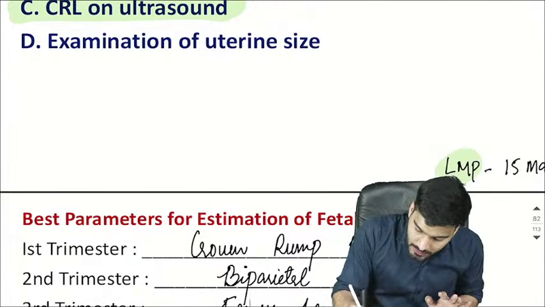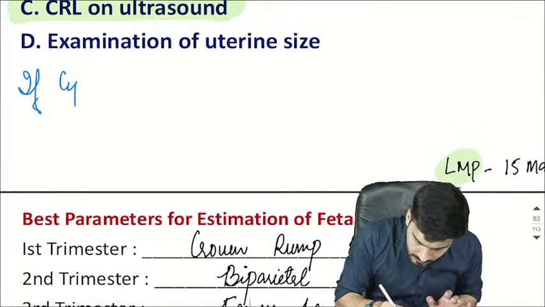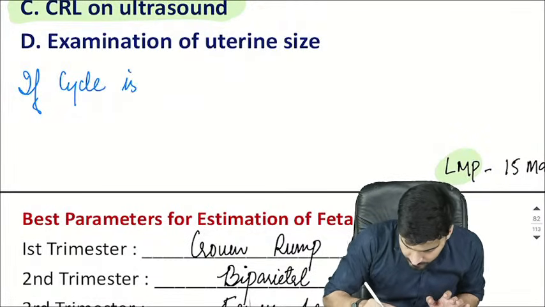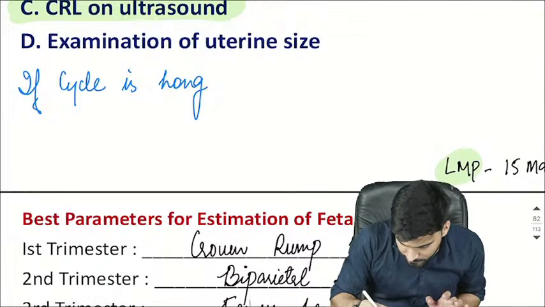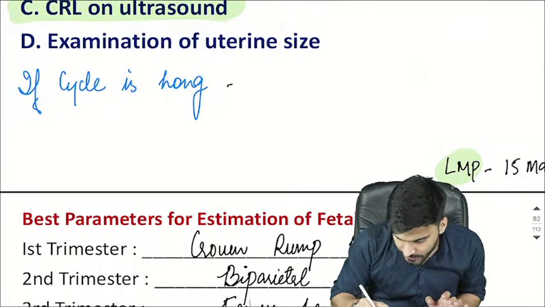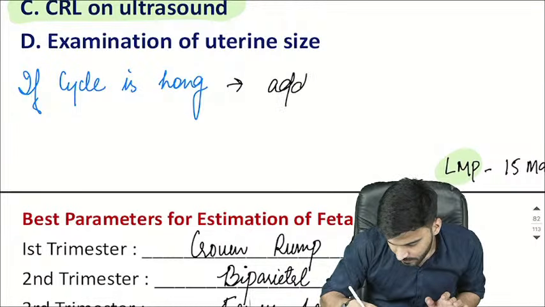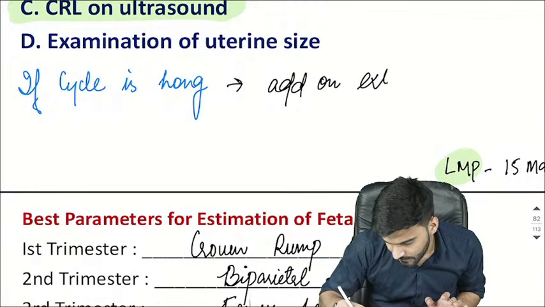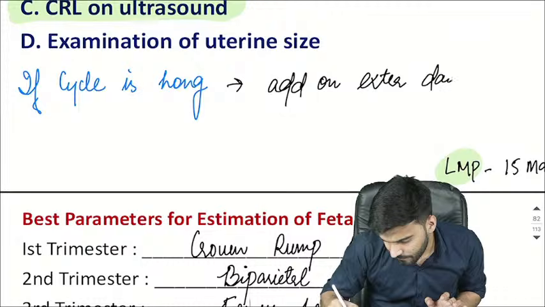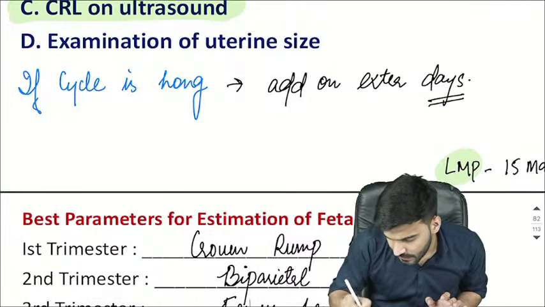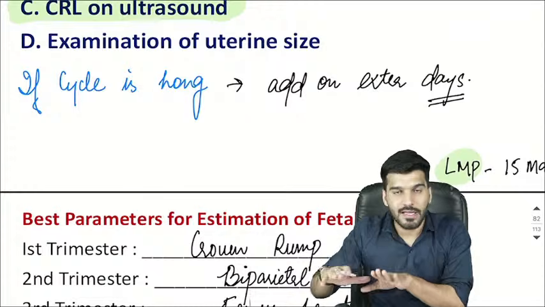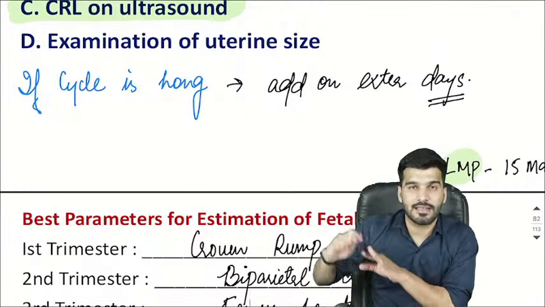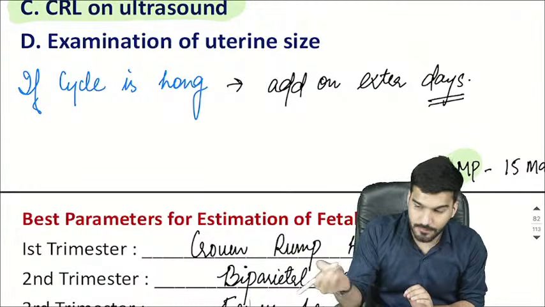Now sir, what if the cycle is long? Then what to do next? Add on extra days. What does that mean? If a cycle is 32 days, we'll do 9 months plus 7 days plus 4 days, because it is 4 days more than 28.